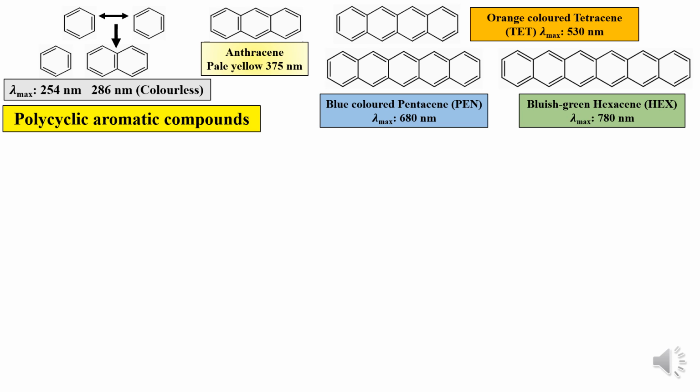In case of anthracene, you find three benzene rings fused together at ortho positions in a linear fashion. And in case of tetracene, you find four benzene rings fused together at ortho positions. For pentacene, five benzene rings are fused together at ortho positions, while for hexacene, you find six benzene rings fused together in a rectilinear manner at ortho positions.